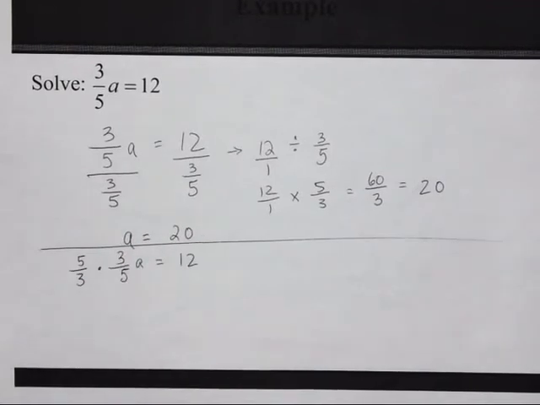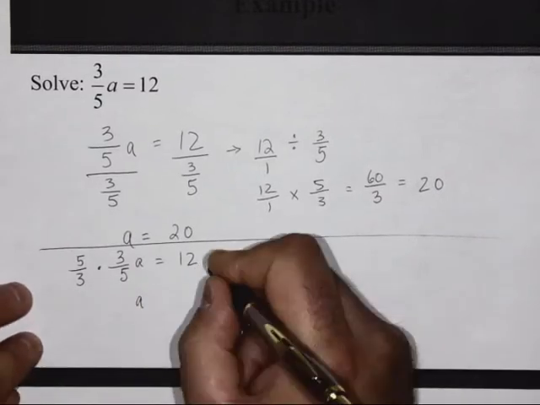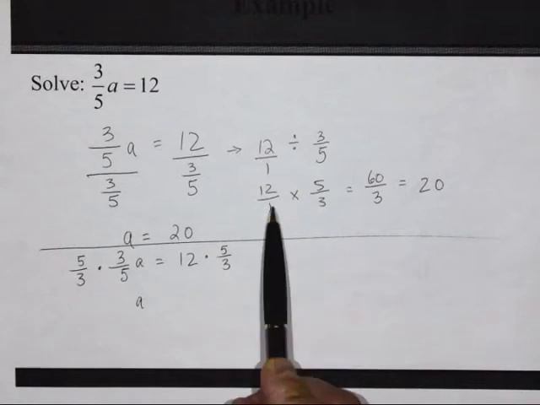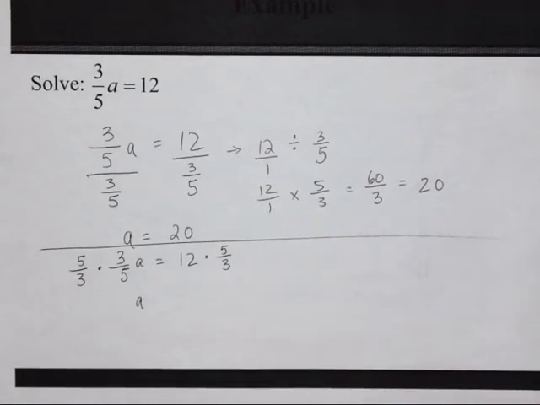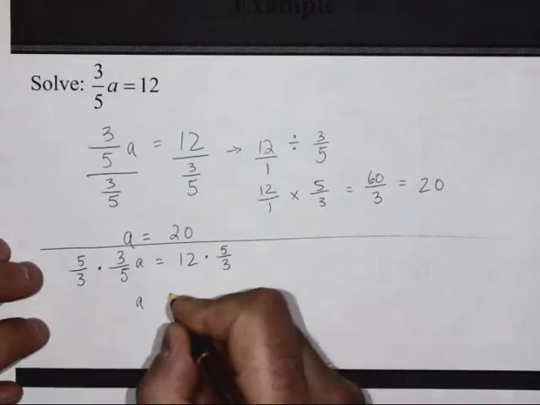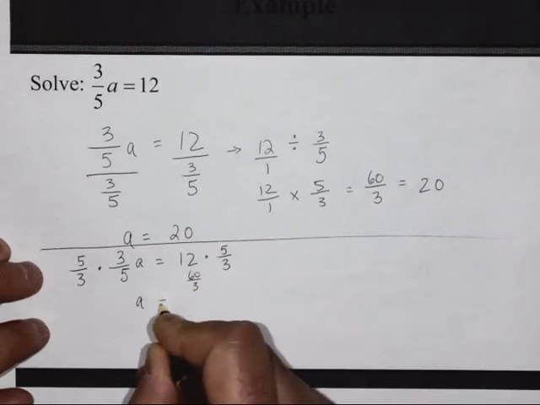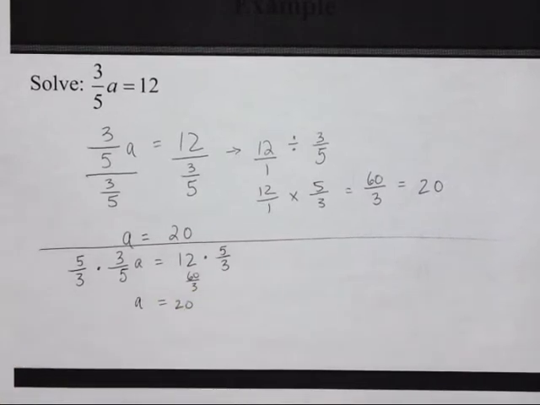So 5/3 times 3/5 gives me 1a. Do the same thing to the other side. Notice I still get 60 over 3, which is equal to 20. So I get the exact same answer.